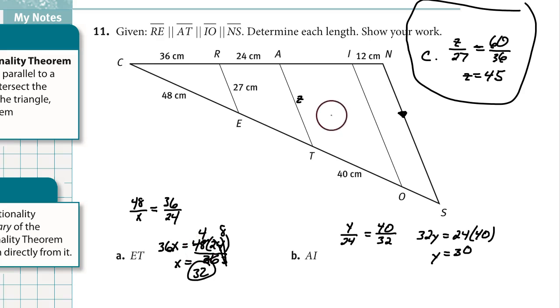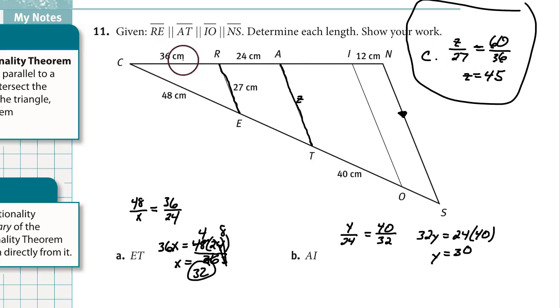Here's a solution. I wrote it up here on the top right of the screen. We were looking for length AT, and I chose to put a variable on there, Z. You could have put a different letter there or even left it as AT. I matched up length AT with that side there, the 27. So I have Z over the 27.